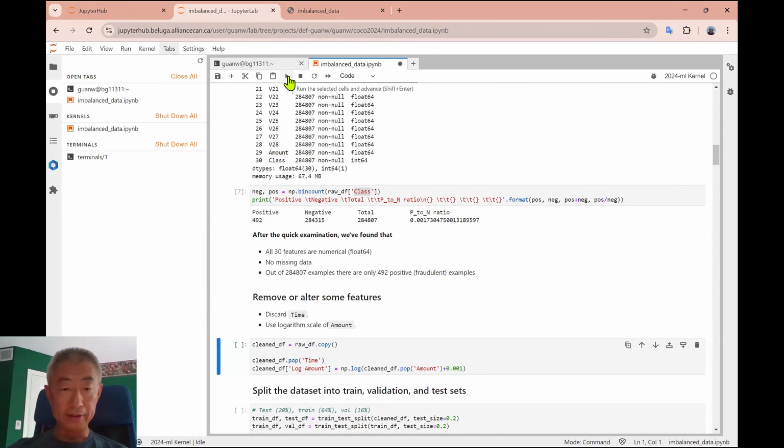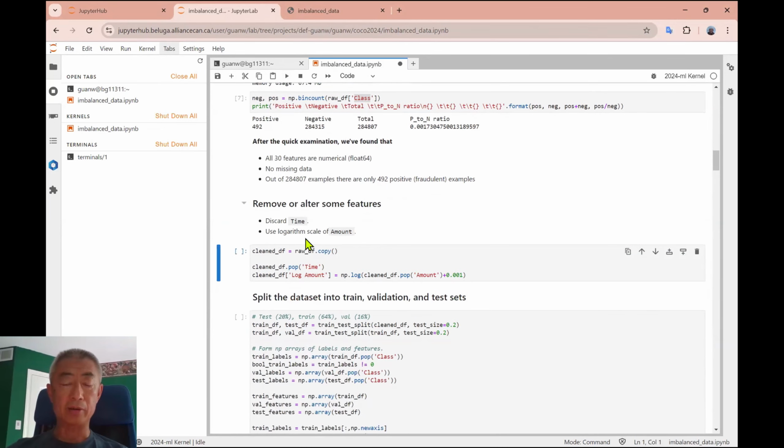All right. So, like I said, I'm not going to spend a lot of time on feature engineering. I just do some quick and dirty work in the data pre-processing step. Basically, I'm going to remove the time.